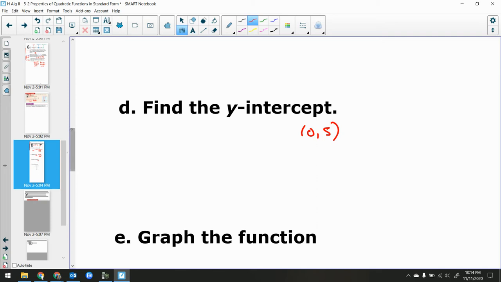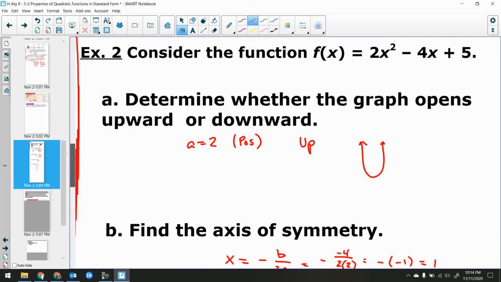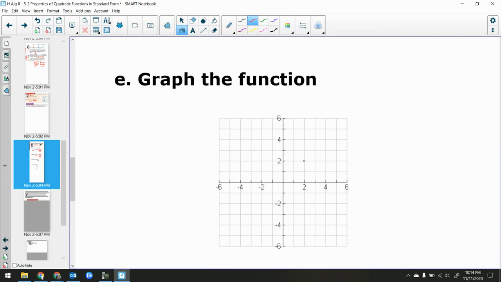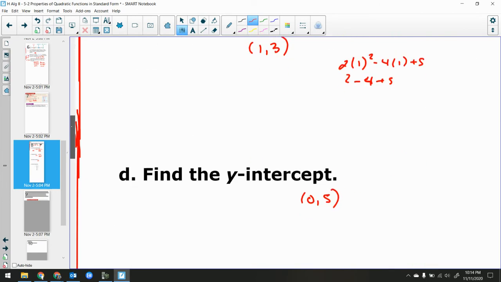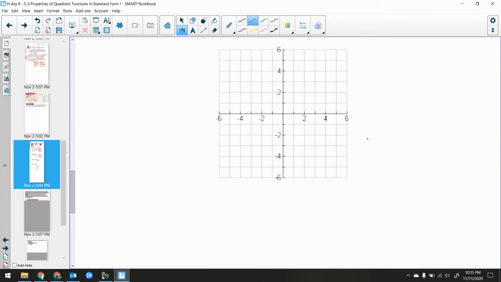Okay. It then says to graph the function, so we're going to put it all together here. If I want to graph this function, I know it opens up. I know the vertex is at (1, 3). My axis of symmetry was x equals 1, and my y-intercept was (0, 5). Now I can use that to graph everything that I need to.